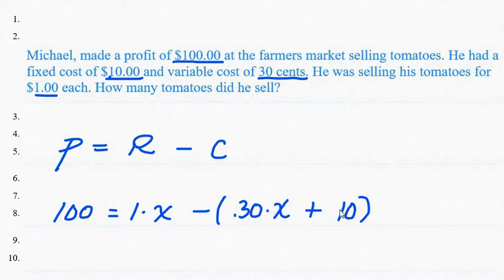For example, his seeds could be added into this. He had to buy a shovel. That could be added into the fixed cost. That is not changing. Now we have our equation, and all we've got to do now is solve for x.